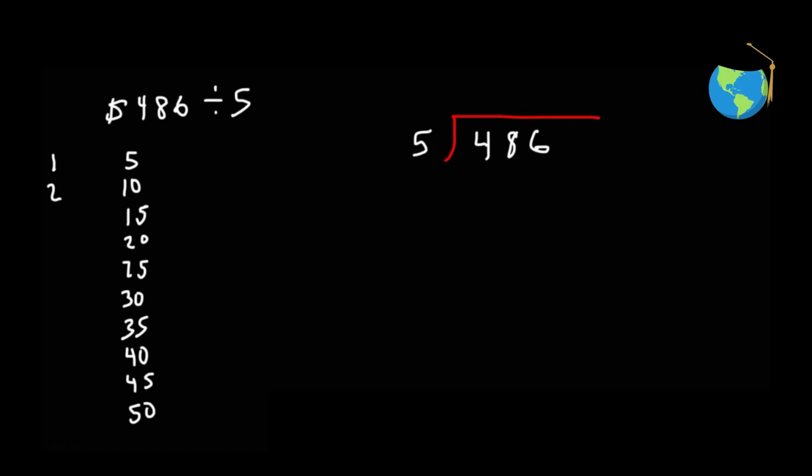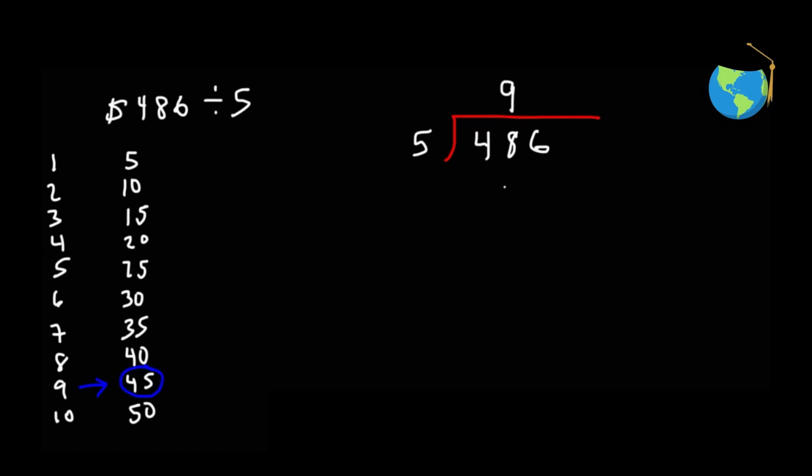So 5 times 1 is 5, 5 times 2 is 10, 5 times 3 is 15, and so forth. Well, we need to find the highest multiple of 5 just under 48. And this is 45. So 5 goes into 48 9 times.